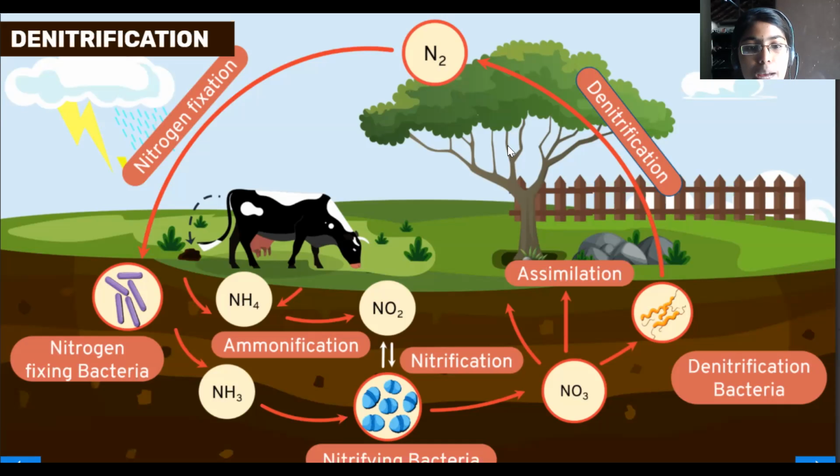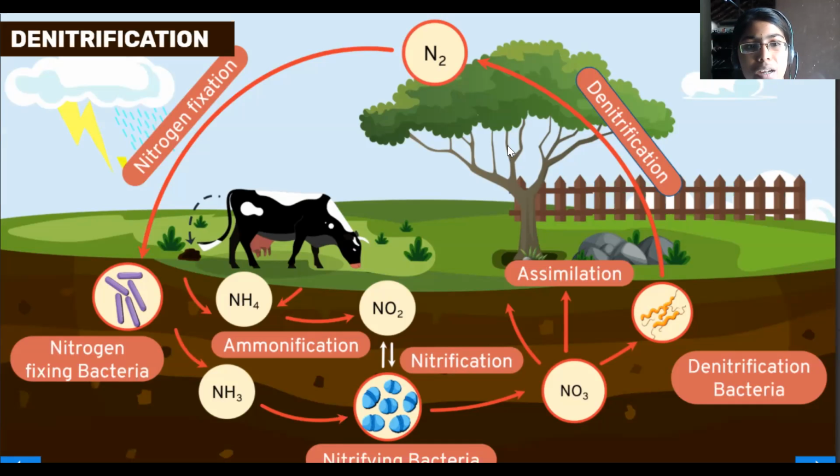The second one is ammonification. Third one is nitrification. Sorry, fourth one will be assimilation. And fifth one will be denitrification.